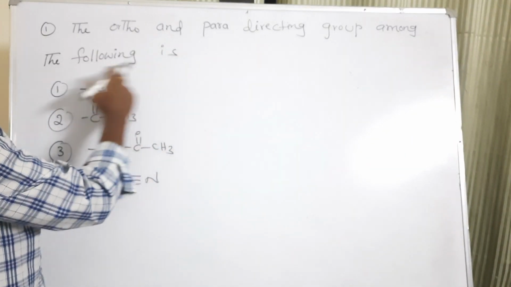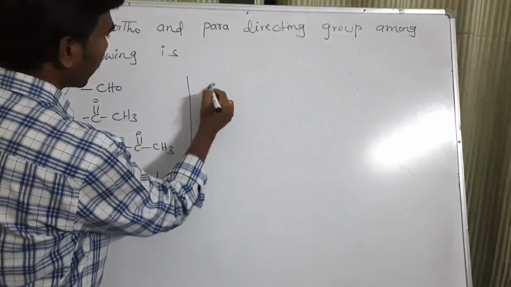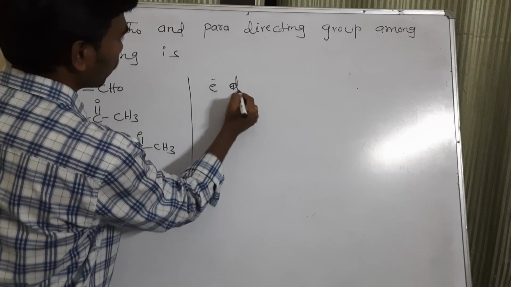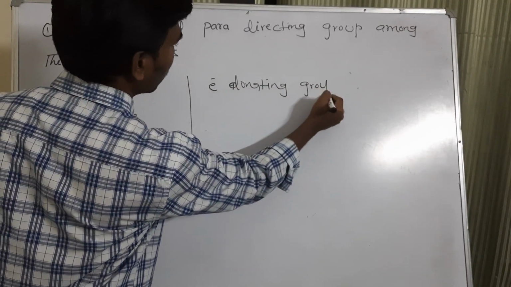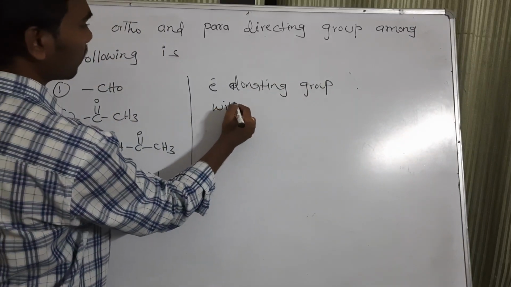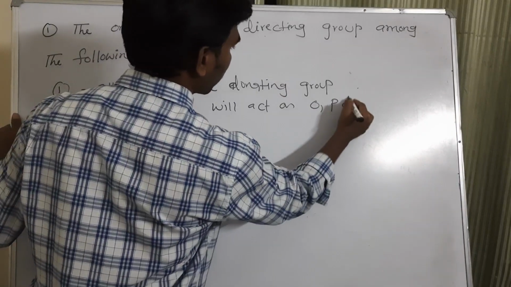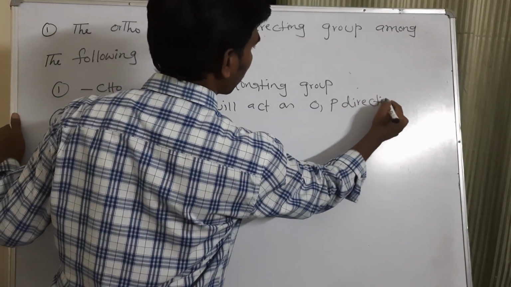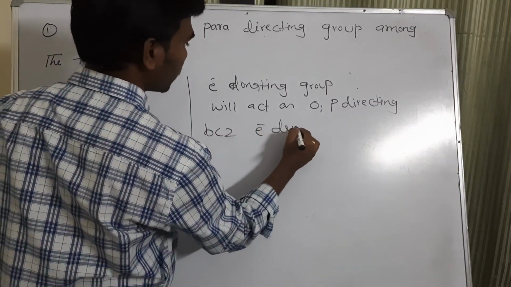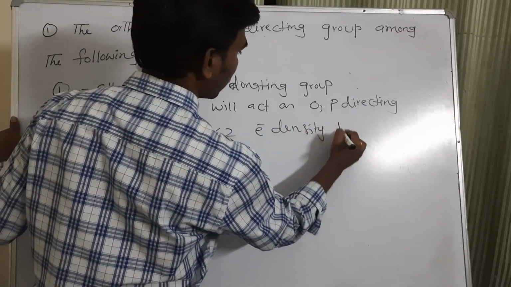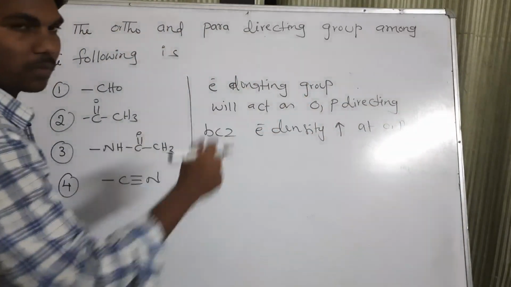Which is an ortho and para directing group among the following? Here we know that an electron donating group will act as ortho, para directing, because electron density will increase at ortho and para when an electron donating group is present.